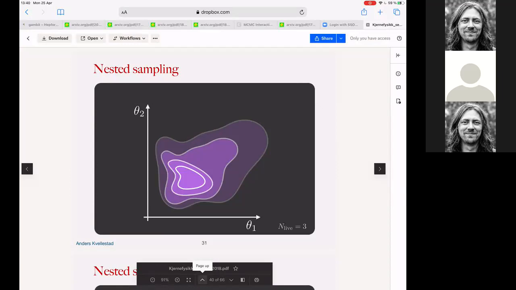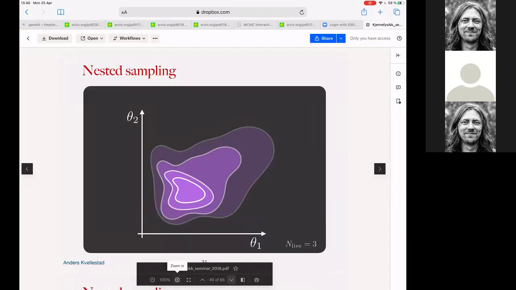Okay, so here we have this 2D parameter space. The contours here are just contours of the likelihood function. Let's run this algorithm with 3 live points, which is way too small, of course. So this is the first step of the algorithm.